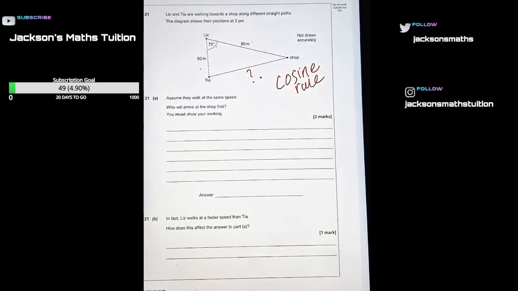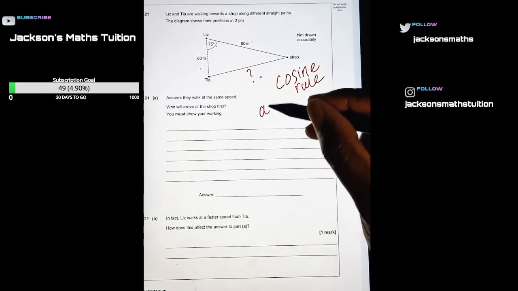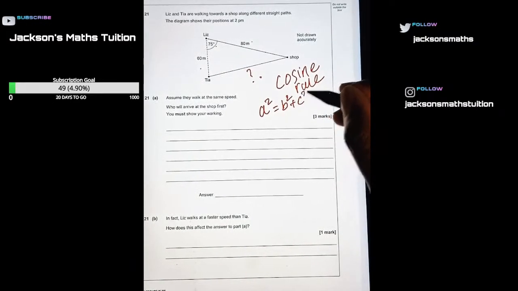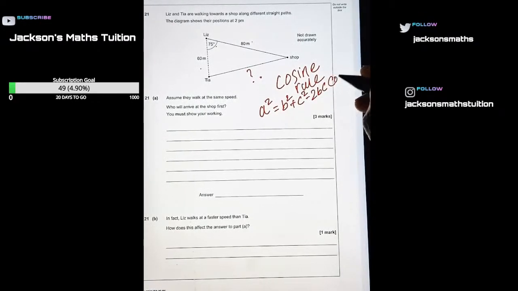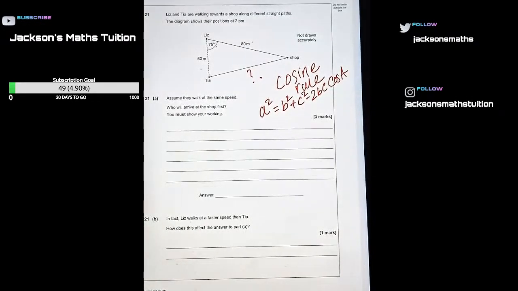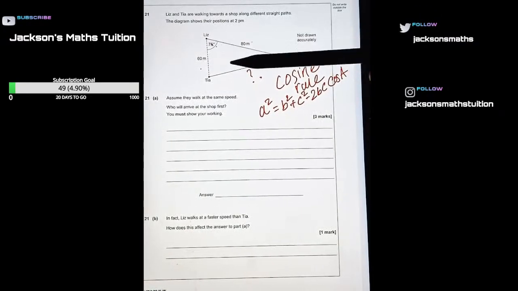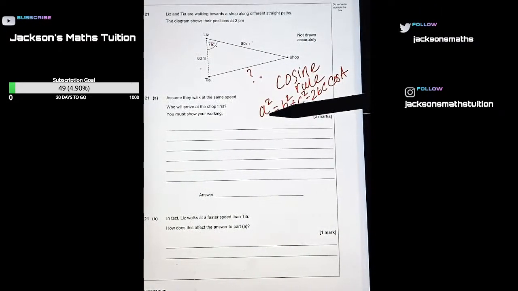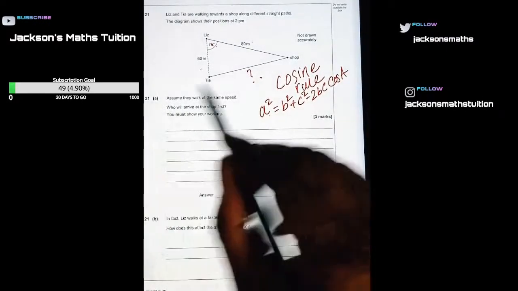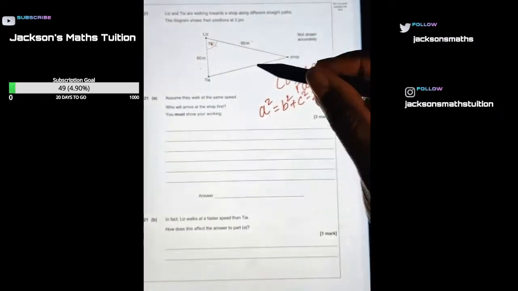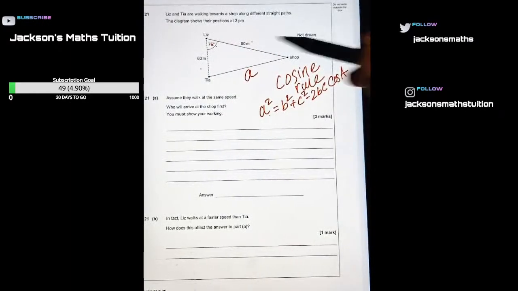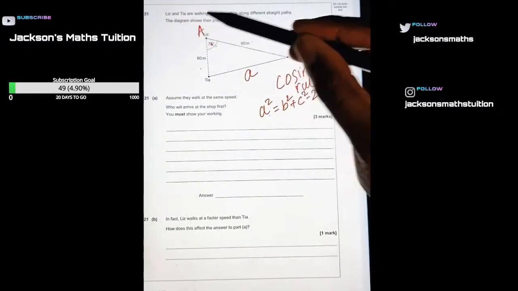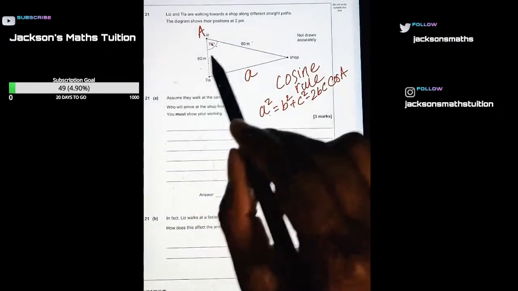The cosine rule states that a squared is equal to b squared plus c squared minus 2bc cos of the angle A. That's the opposite side and angle, so you're finding the missing side here. Let's call this side A, and this is angle A over here where Liz is standing.